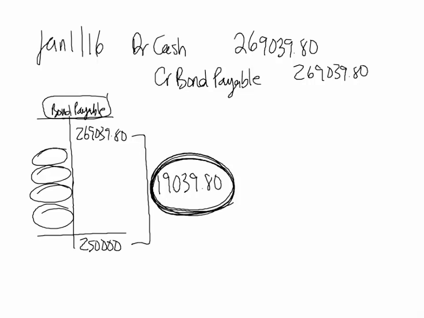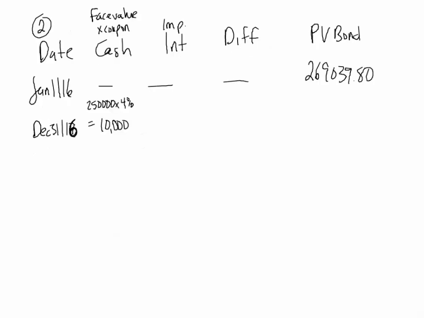So even though we pay them $10,000, we don't have to fund 100% of it. A portion of that $10,000 is funded by the bondholder's own money.